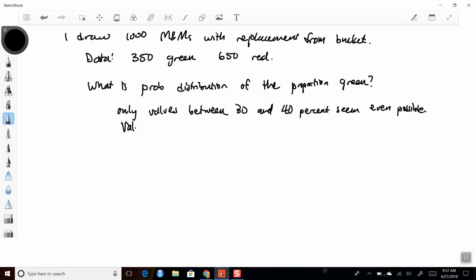And values outside of that would have probabilities on the order of 0, okay? It's technically not impossible, so we don't want to say it's 0, because 0 is reserved only for things that are truly, truly, truly impossible. But for our practical lifetimes and purposes, they're on the order of 0, is what we want to say, okay?